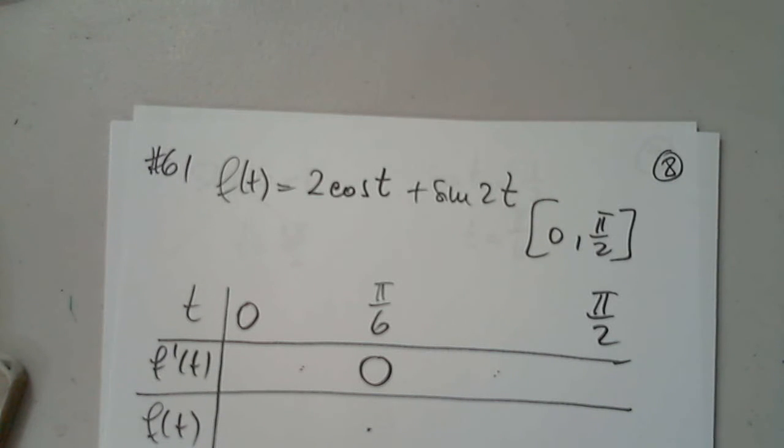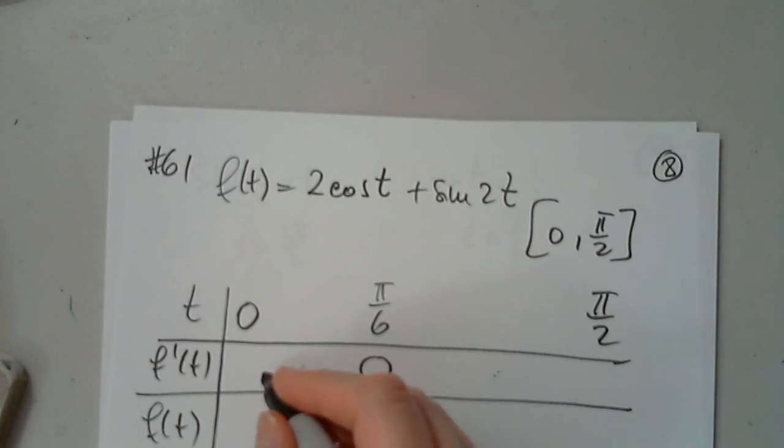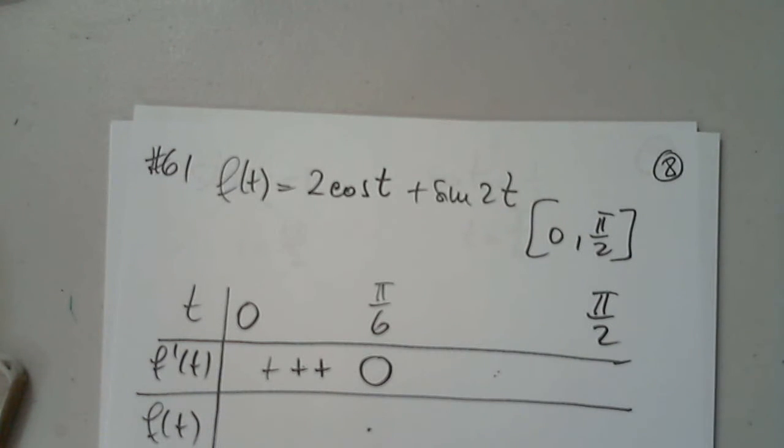I'm looking at the derivative first. In the derivative I can even plug in 0, it doesn't matter. I'm going to make sure that the mode is in radian mode. Good. And I want to plug in 0 for the derivative. Okay, so it's positive. And then I want to plug in pi over 2, why not?